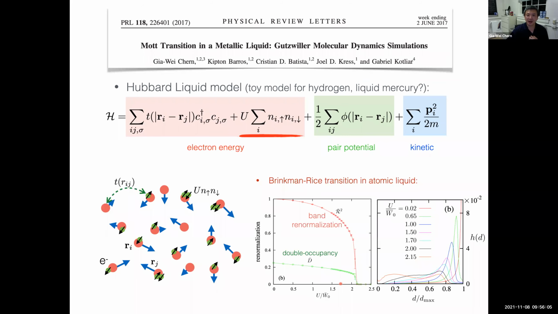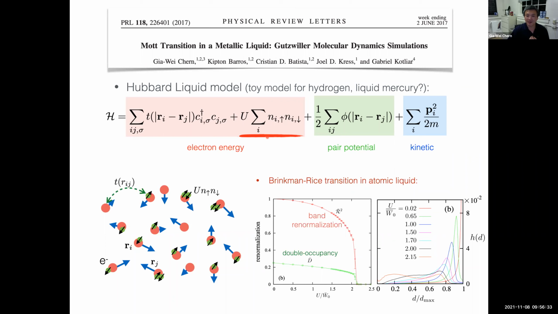Here we apply the Gutzwiller molecular dynamics method to simulate a toy model, which we call the Hubbard liquid model. In this model, you have a tight-binding electron Hamiltonian, but the tight-binding coefficients now depend on the atomic configurations. This T_ij decays exponentially with the separation of the two atoms.